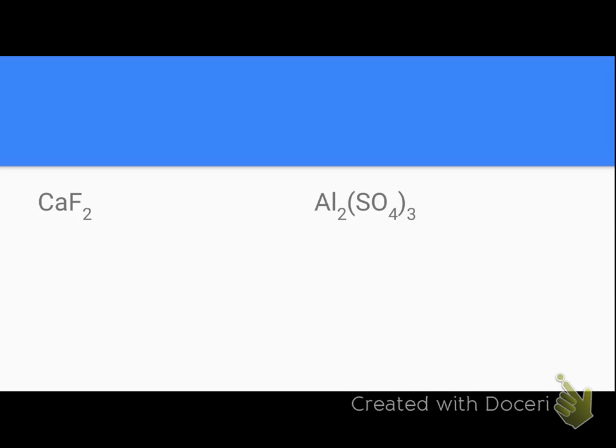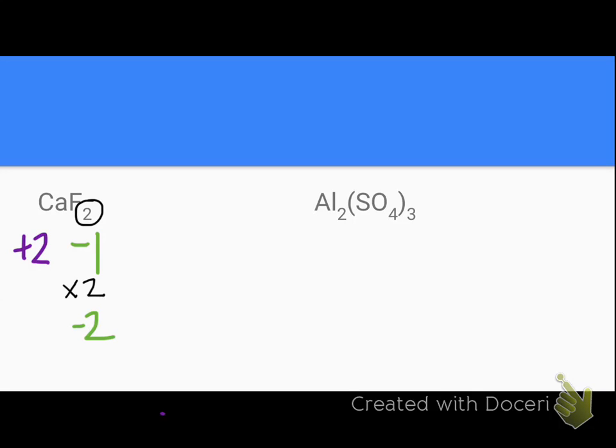So our next one here, we have CaF2. Ca is my calcium. So my charge on calcium is, oh, let's erase that. Calcium is +2. And fluorine is -1, but I'm multiplying it by 2, which gives me a -2.